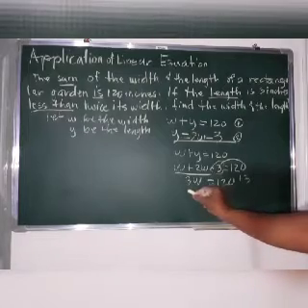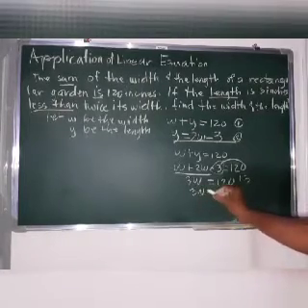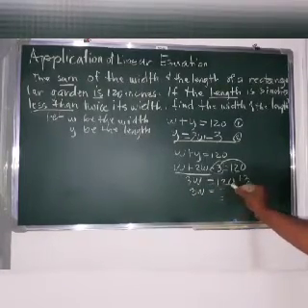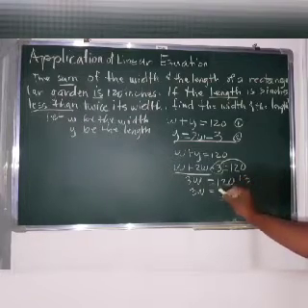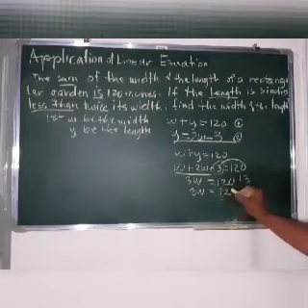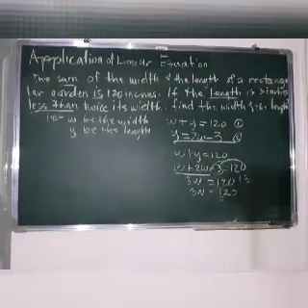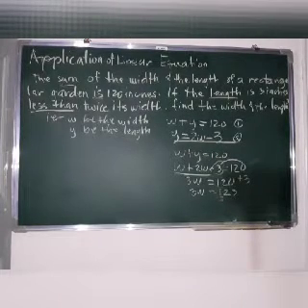Okay, next. So, 3W is equal to 120 plus 3, which is 123. Okay, what's next?